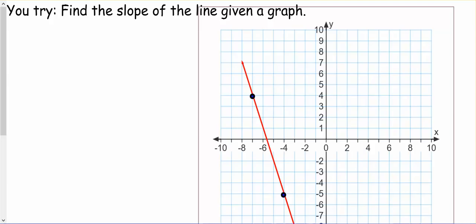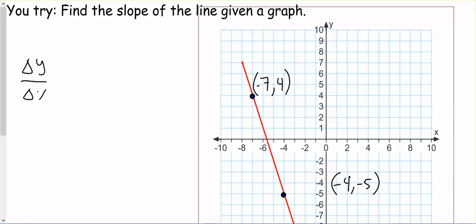So you guys try this one. Take a second. The first thing we do is we label our points. So this is negative 7, 4. And this point here is negative 4, negative 5. And I do change in y over change in x.